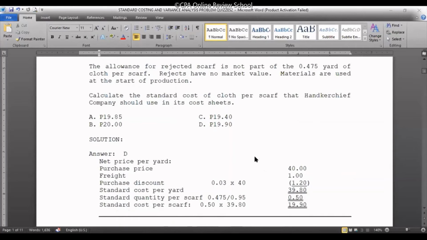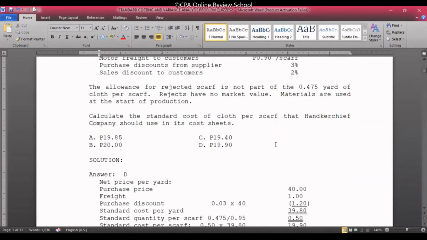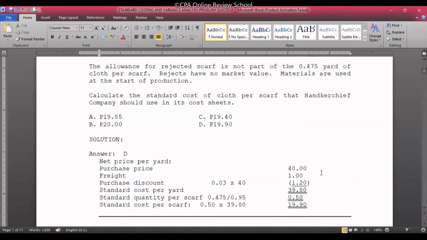So, saan ka mag-i-start ulit? How do you measure again your material or your inventory? Parang sa financial accounting lang yan, your purchase price. So, you start with your 40 pesos. Tapos, isali mo si freight. So, you have your 1 peso. And then, your purchase discount, again, kung tatandaan mo to pinag-aralan mo sa accounting mo, para lang siya sa purchase price mo.